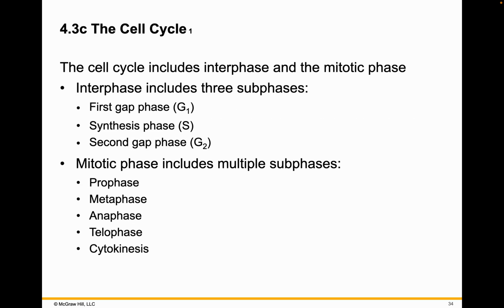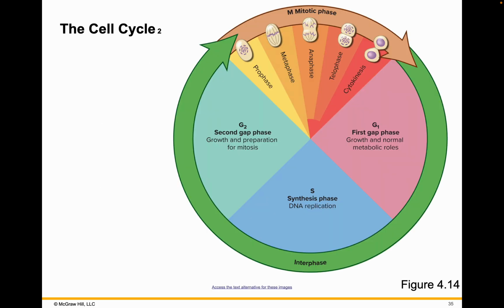Cell cycle includes interphase and the mitotic phases. Interphase can be divided into 3 subphases: gap 1, synthesis, and gap 2. The mitotic phase includes prophase, metaphase, anaphase, telophase, and cytokinesis. Can map this out.